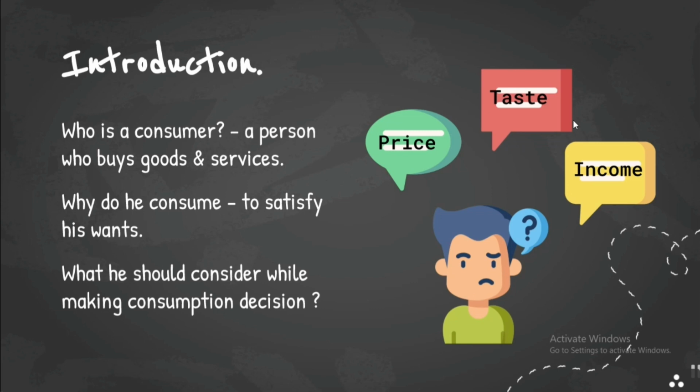Income means, in the sense that the product is reasonably priced and you have a willingness to buy it, but you should have enough income in your hand to be able to pay for that product. The product should be affordable, in other words. So income plays a major role.